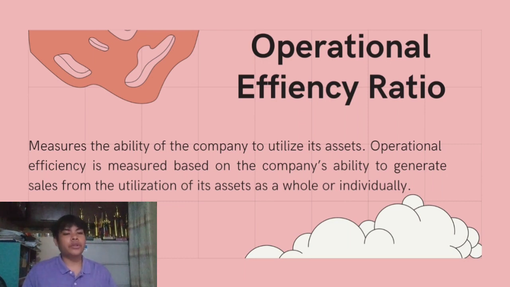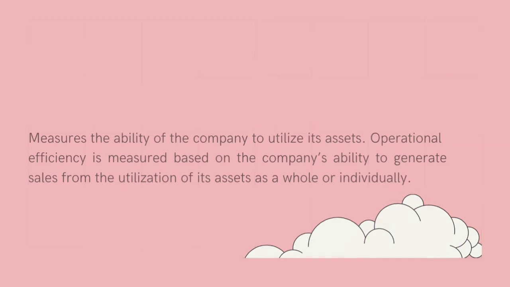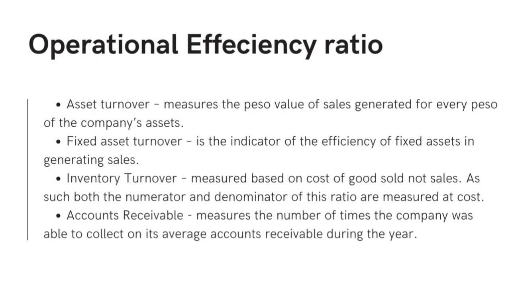The greater the operational efficiency, the more profitable the firm or investor is. Asset turnover measures the peso value of sales generated for every peso of company assets. Fixed asset turnover is the indicator of the efficiency of fixed assets in generating sales.